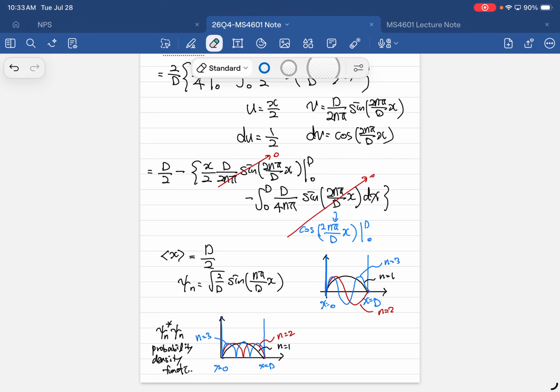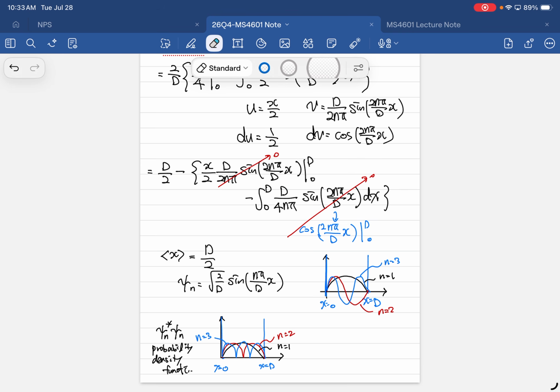It's kind of hard to describe with this probability function, because the probability function only tells you about the position. When we think about velocity, the particle can have different velocity values, but each has a probability.